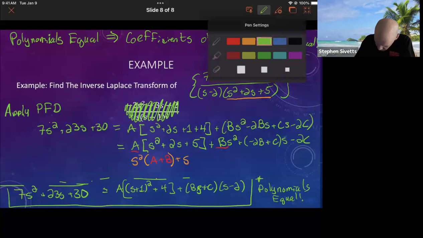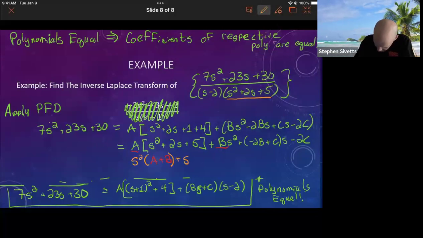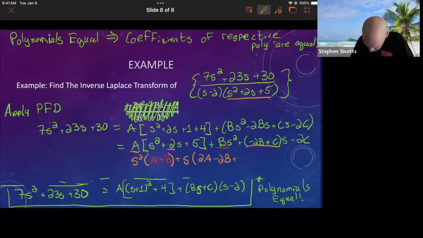And what that will lead us to get is 2a here, and this sum, 2b plus c. So this would be 2a minus 2b, and then plus c. And then plus the constants.